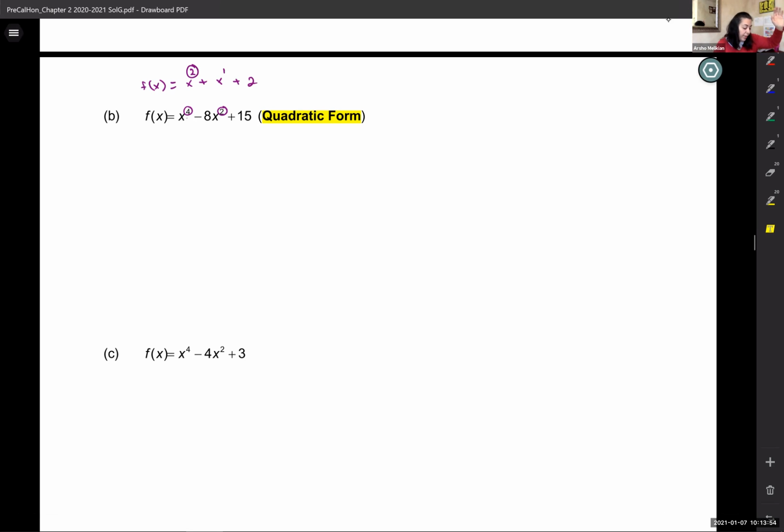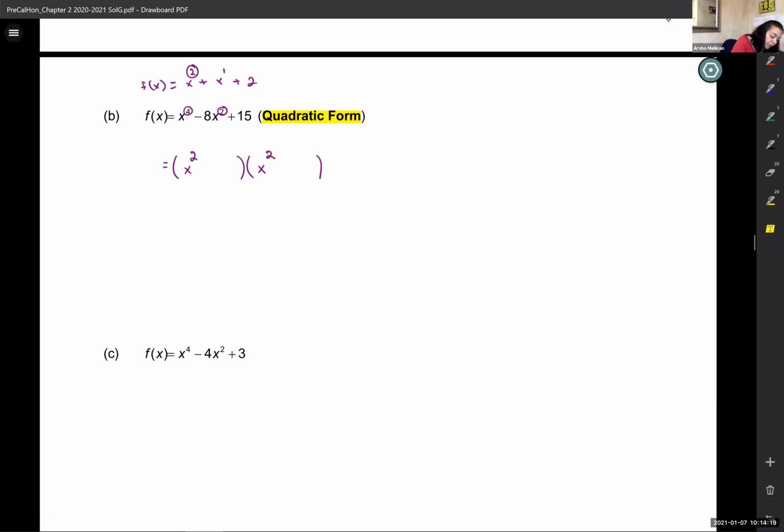So anytime you have that pattern, you can factor it like a quadratic equation. So if it's x to the 8 minus 8x to the 4 plus 15, you could do the same. So we're going to factor it like a quadratic equation, but instead of x and x, I put in x squared and x squared. Did you guys do these last year? A little, yeah.